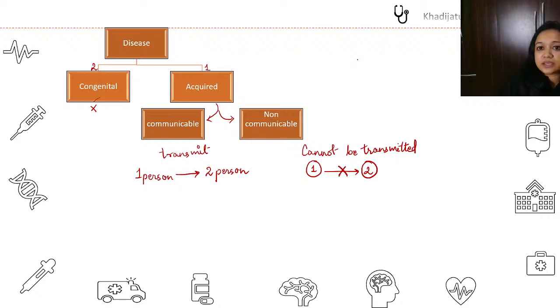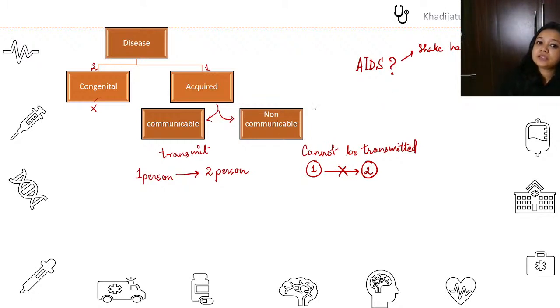Now, can you tell me what AIDS is? AIDS, acquired immunodeficiency syndrome. Is it a communicable disease or a non-communicable disease? Well, you must have heard that if you shake hands with an AIDS patient, you will not get AIDS, right?